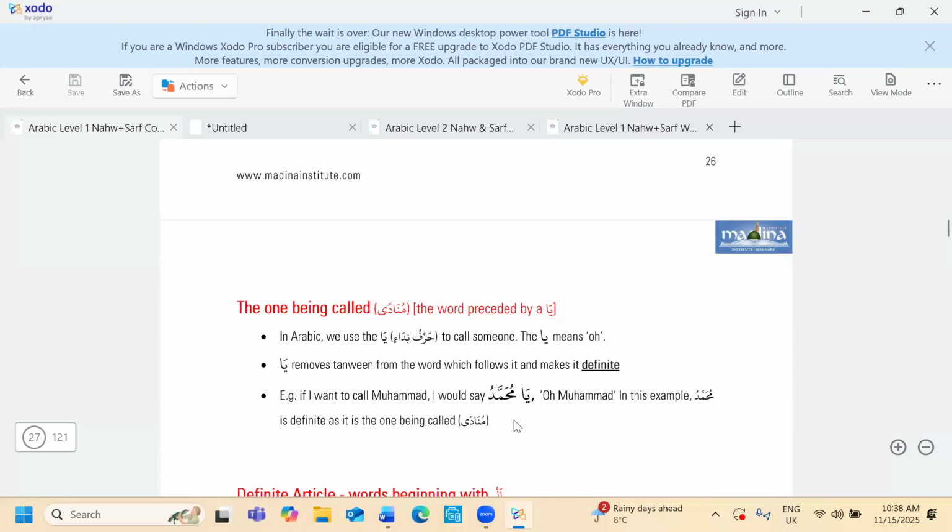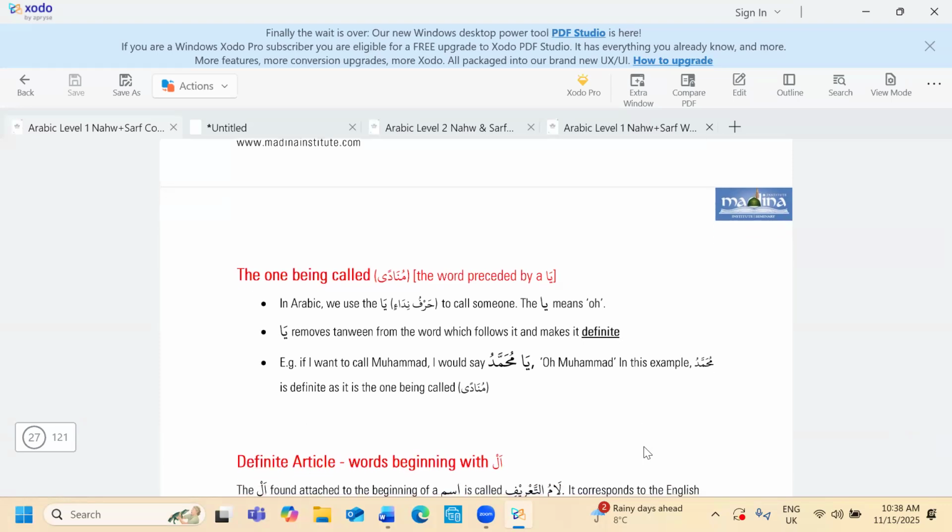I'll double check that one. Leave that with me. So for now, with ya, you're just dropping the tanween. Okay, so Muhammadun becomes ya Muhammadu. Okay. So that's one reason for a word to be definite.